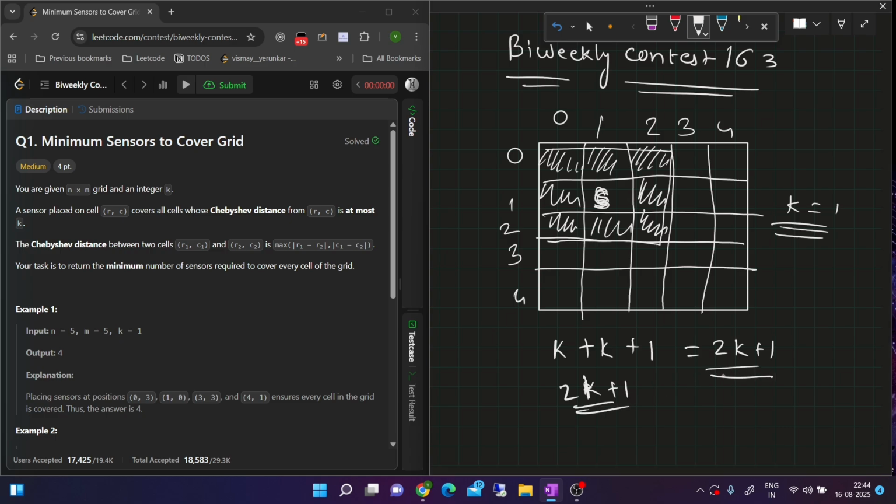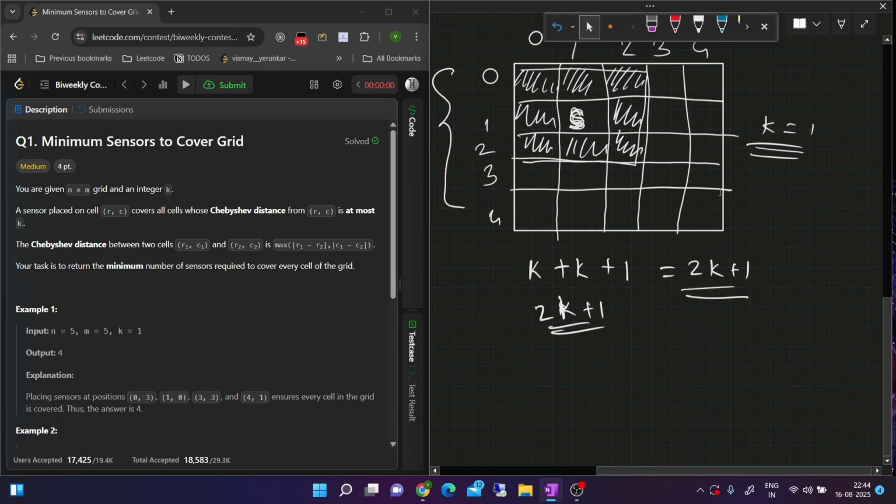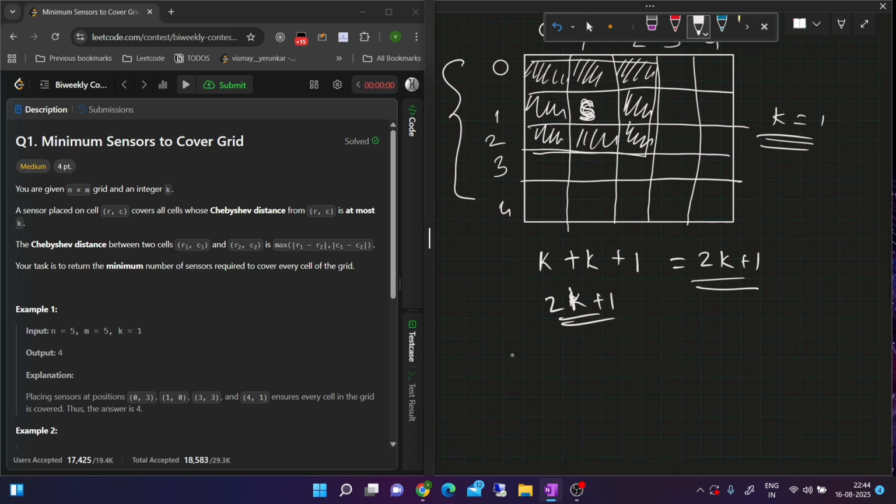So now we know that the side of the square is 2k plus 1. Okay, so we want to see how many of these 2k plus 1 can be fitted in this dimension of the grid. Okay, so here n equal to 4, m equal to 4.